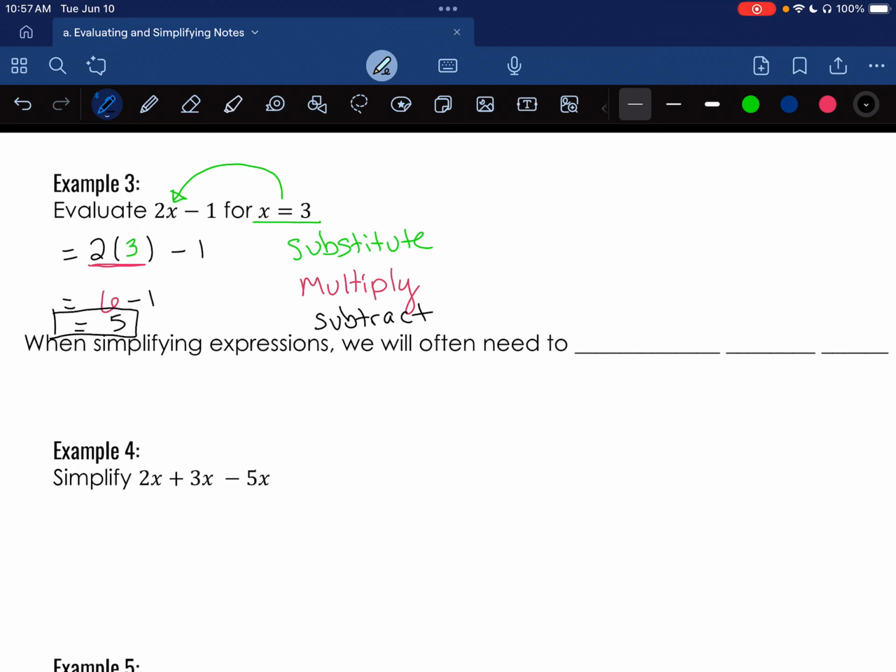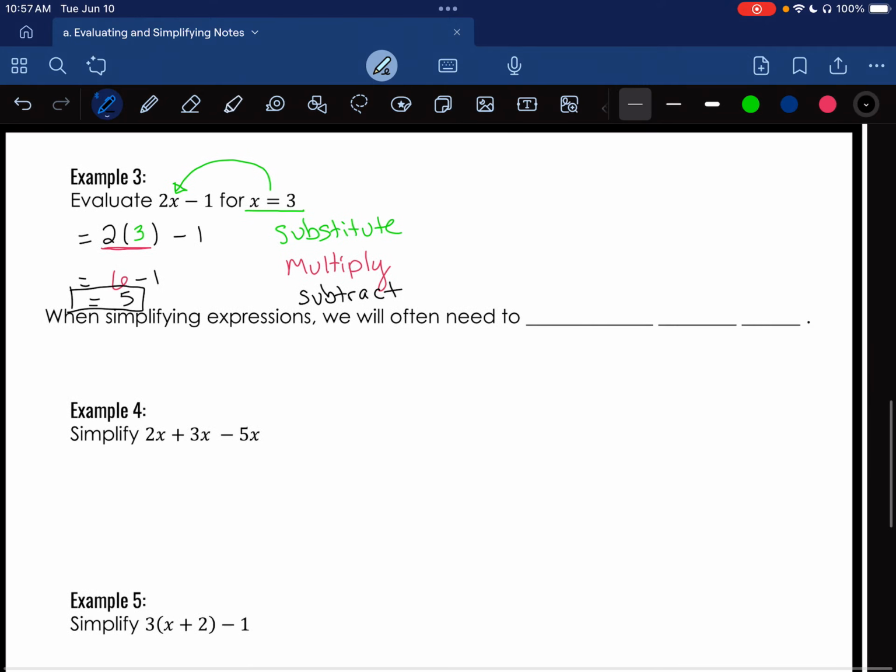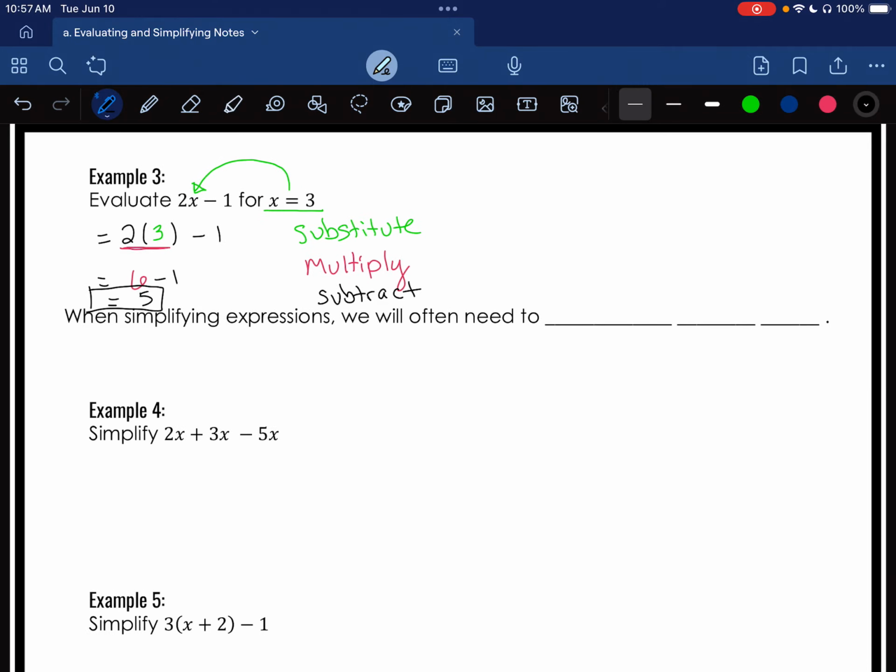Now, when we are simplifying expressions, so again, that combination of variables and constants, something we're often going to have to do is combine like terms. It's a common term, pun intended, that you'll hear.